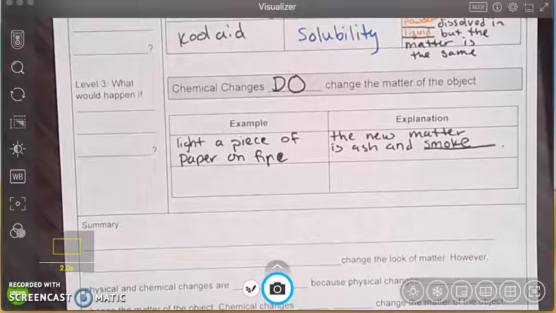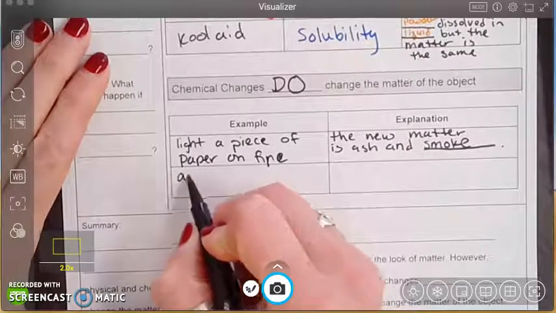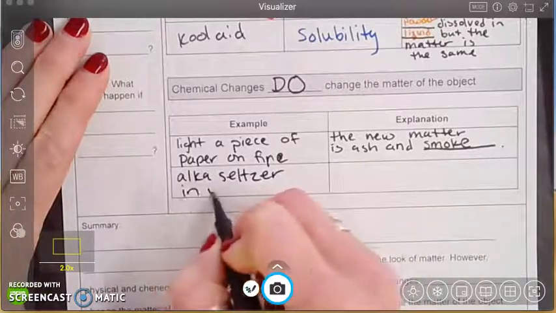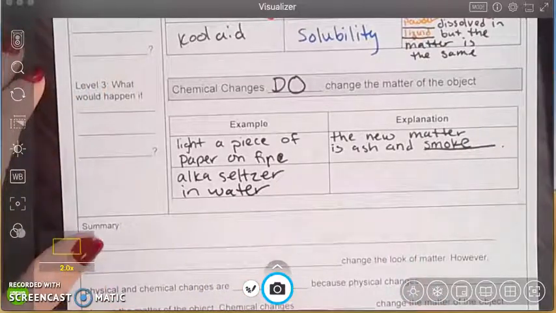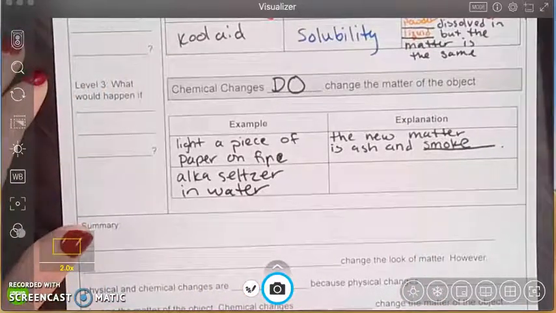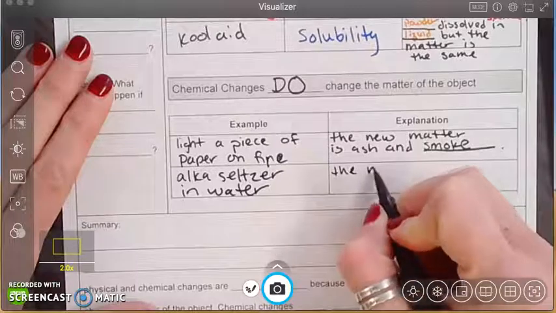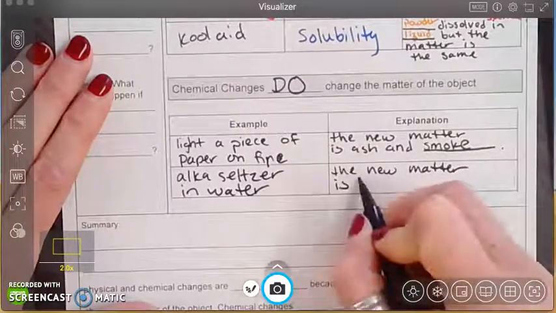Another example of a chemical change is when you put Alka-Seltzer in water. And Alka-Seltzer is a type of medicine. It's a white tablet. You put it in water. And when this happens, you get bubbles. And the new matter is bubbles.